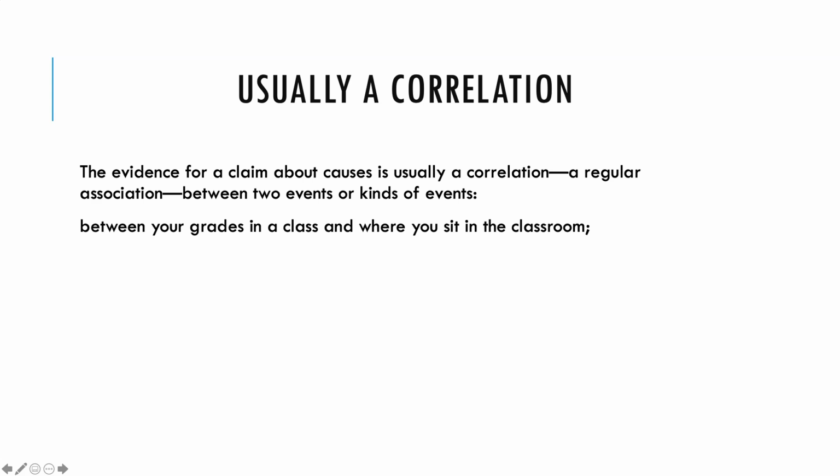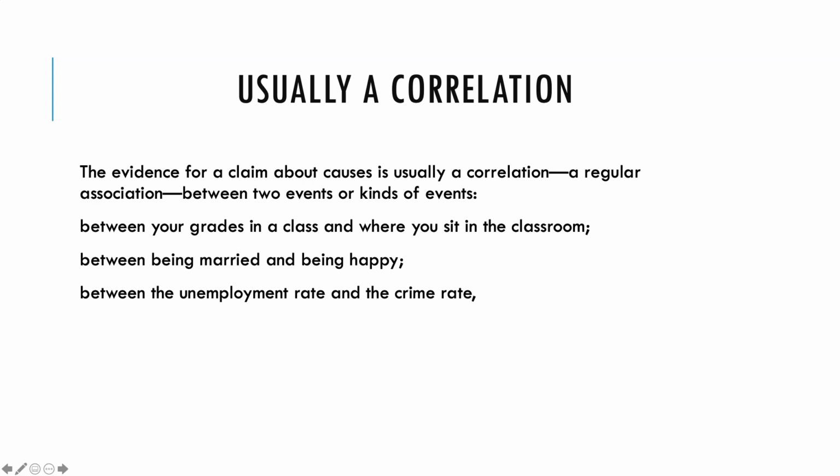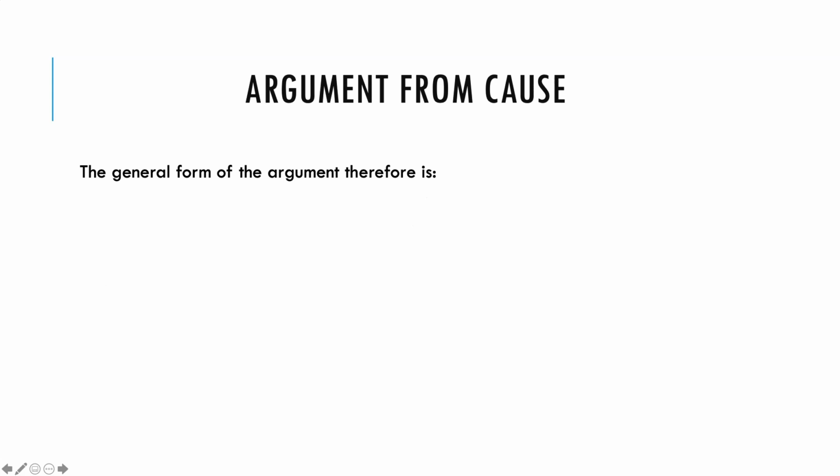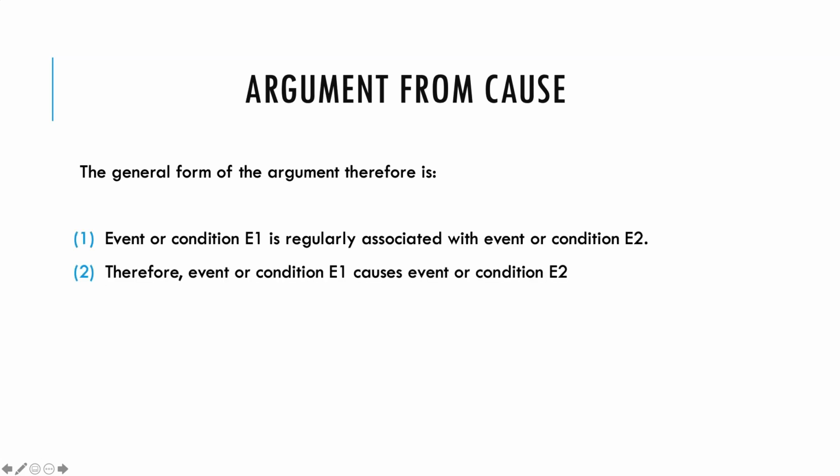So between your grades in class and where you sit in the classroom, from our earlier example, between being married and being happy, between the unemployment rate and the crime rate, and so on. The general form of the argument is something like this.